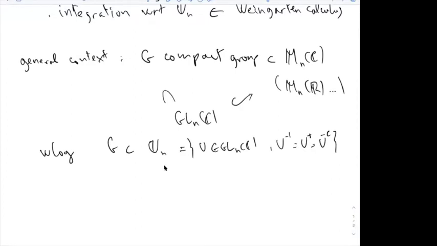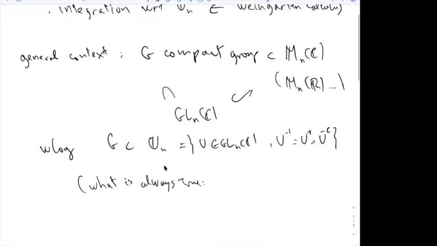So what is always true is that there exists some matrix W in GL_N(C) such that WGW inverse is contained in U_N.